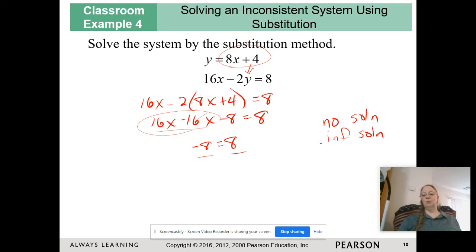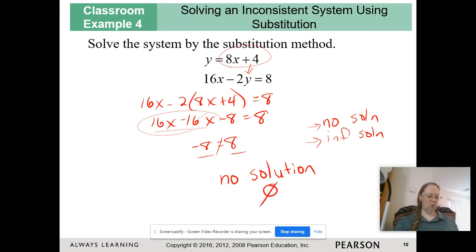If they are equal to each other, that's when we have infinitely many solutions. If they're not equal to each other, that's when we have no solution. In this case, -8 is not equal to 8. So this is a case of being parallel, no solution. And don't forget, the empty set is a symbol for no solution.